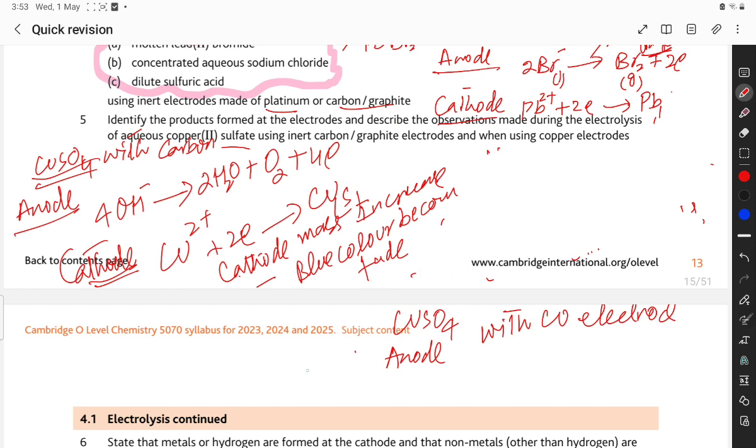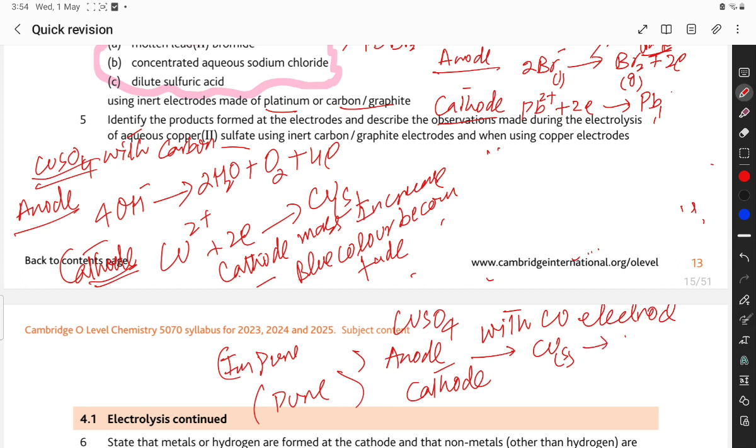Pure copper at cathode, impure at anode. Reaction at anode, copper solid dissolves to form copper ion plus 2 electron. Oxidation of copper. At cathode, copper ions gain 2 electron and copper is deposited at cathode.